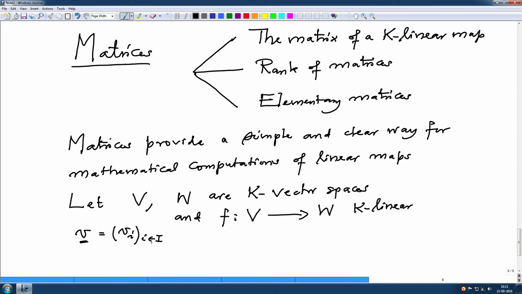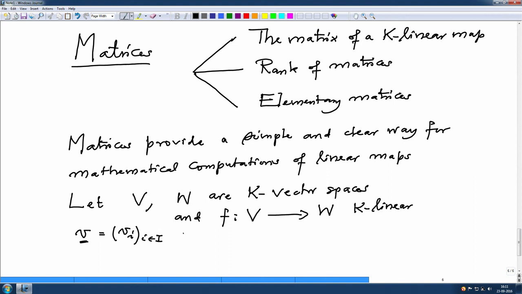When I eventually assume the index set is finite, I want to give an order to that finite set, which element comes first, which comes later, and so on. For that reason, instead of denoting by curly brackets where usually a set is denoted, I want to denote it by a tuple.